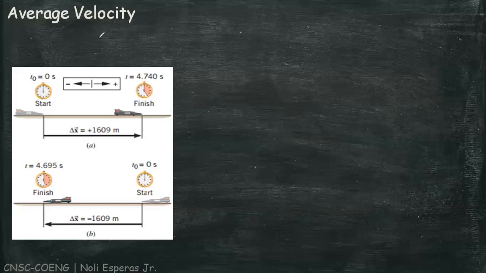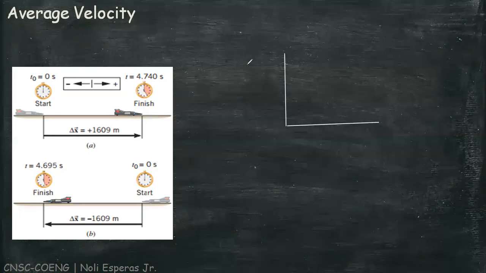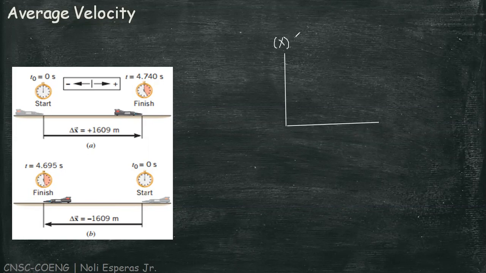So now, let's try to represent the velocity using a graph. Let's have a position and time graph where the y-axis will be our position with a unit of meters or any unit depending on the problem. Let's just remove the meter, and the x-axis is time.